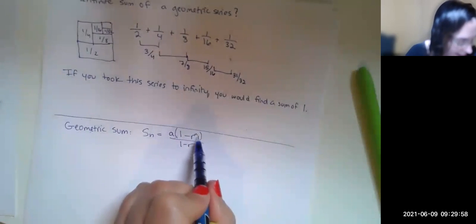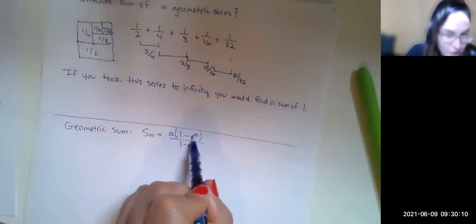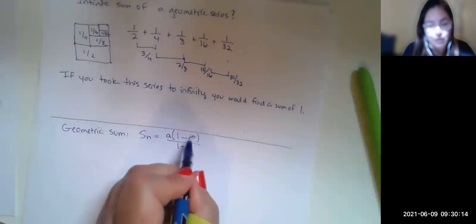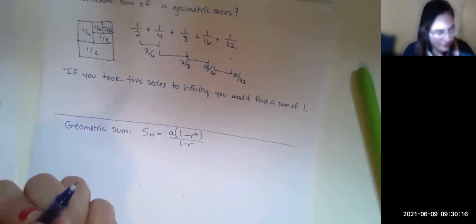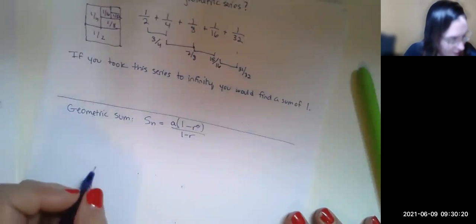So if you had an n of infinity, this term would either get really, really big or really, really tiny. Okay, so I'm about to do some improper math here.